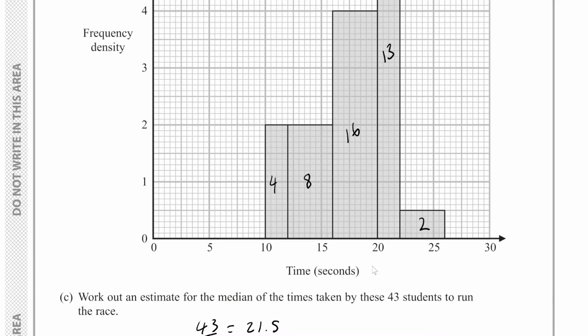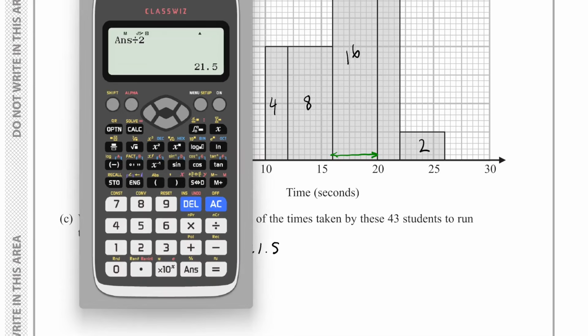So it's going to be in our 16 to 20 group. We want to go 21.5 minus the first 12 students. So that's 9.5 students into the 16 box. So 9.5 divided by 16, we want to go 0.59, or 19 over 32, into that box.